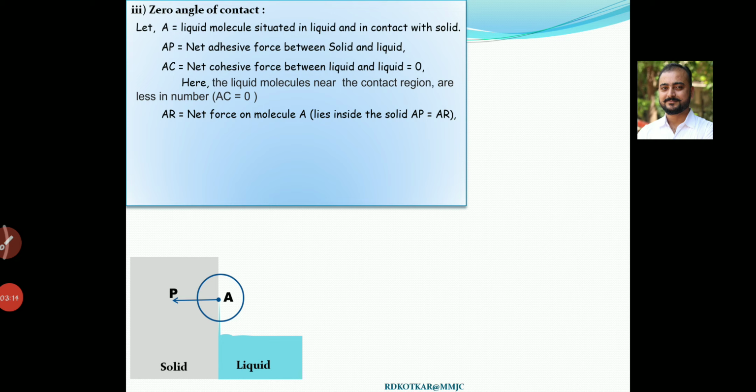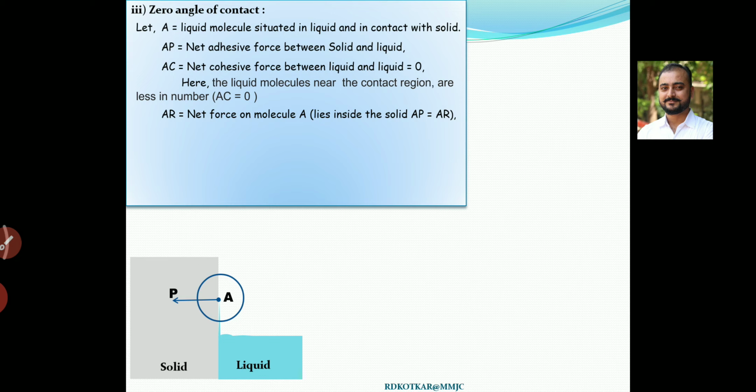Then AR is the net resultant force on molecule A. Means due to the adhesive force and cohesive force, the net force acting on molecule A is given by AR. But as you observe in this case, AC has 0 value, means force due to the cohesive molecules is 0. Cohesive force is 0.